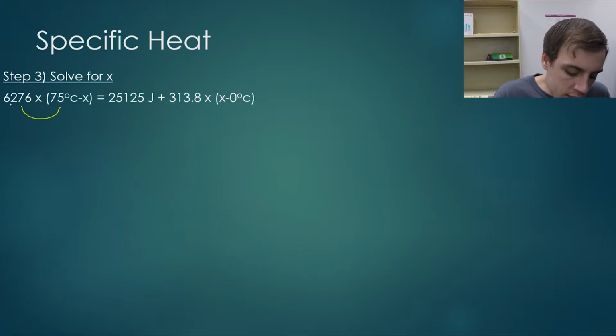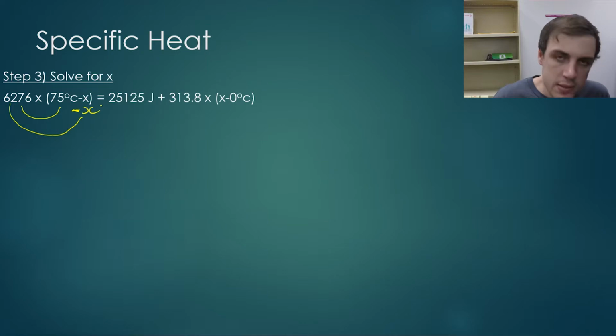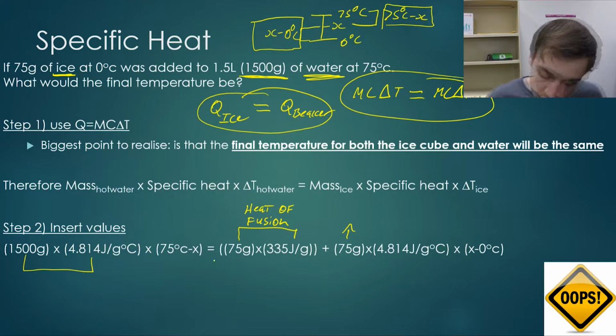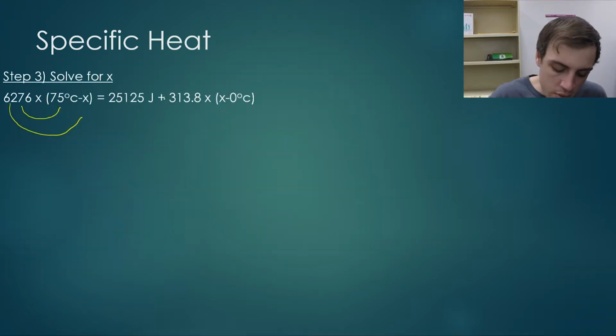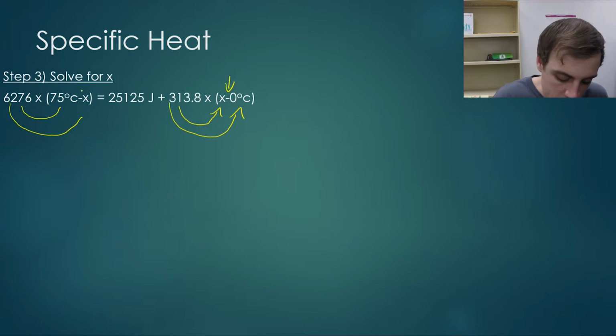And we also need to multiply this by negative X. It's the same here with the 25,125 joules. That was done by multiplying these. And then we have our 313.8. So we need to times that by X. And then we need to times that by negative 0, because we've got the subtraction sign there.